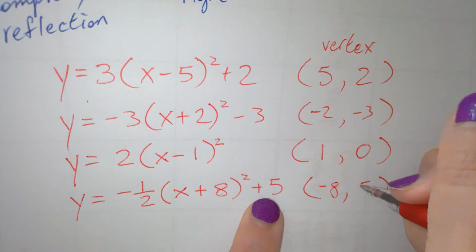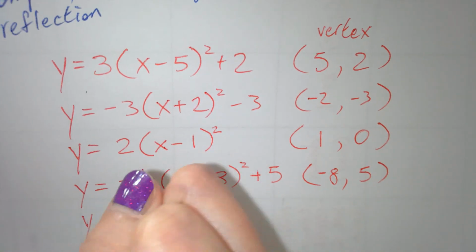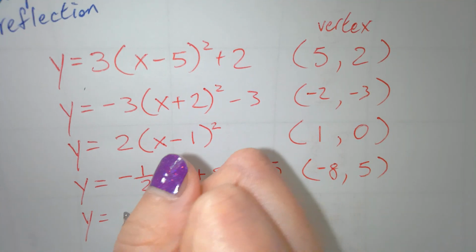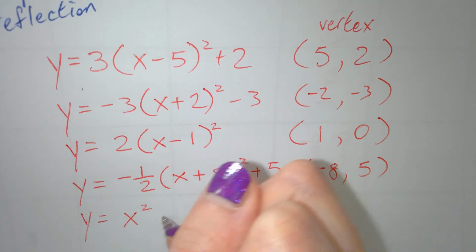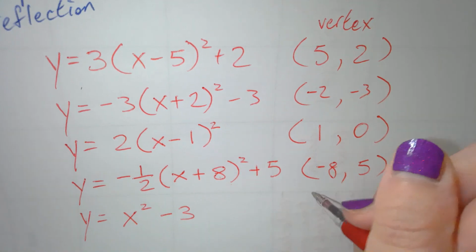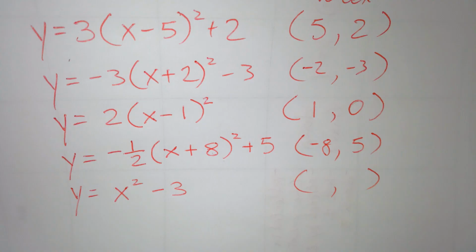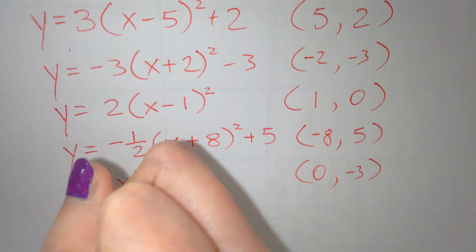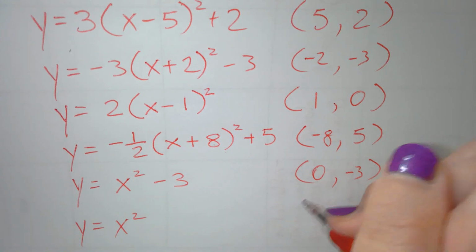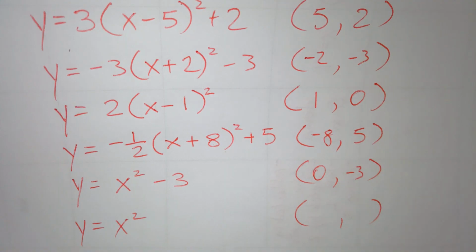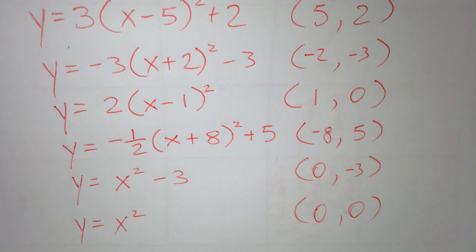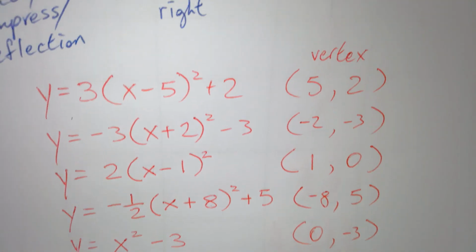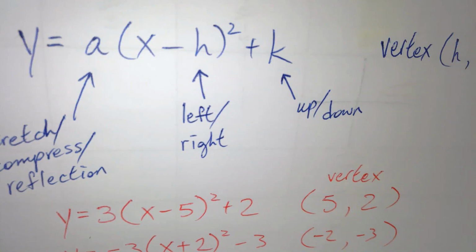Not -5, +5. Good. One last one. Andy: 0, -3. And then the final one. Cindy: 0, 0. Good.